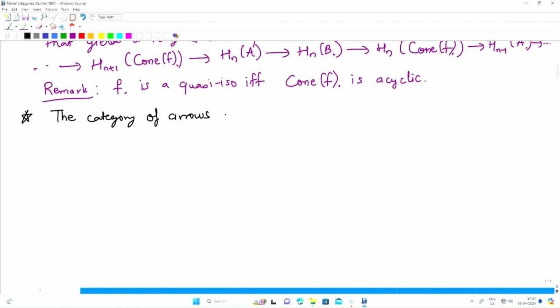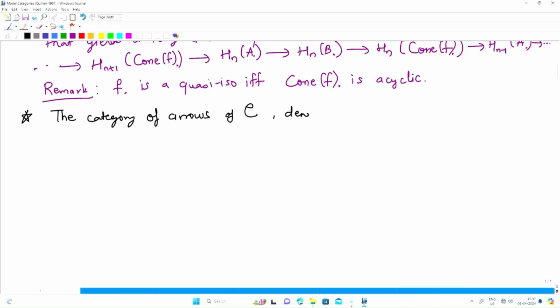The category of arrows of C. C is a category, and what is the category of arrows? It is denoted C arrow, and its objects are arrows of C, and its morphisms are commutative squares.